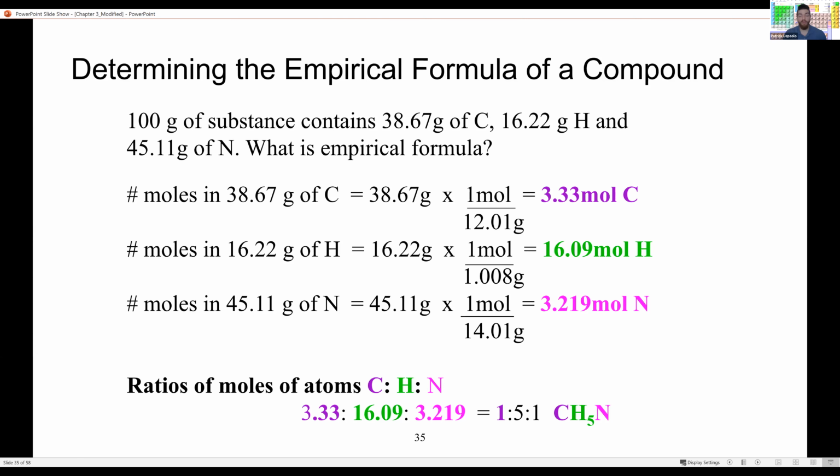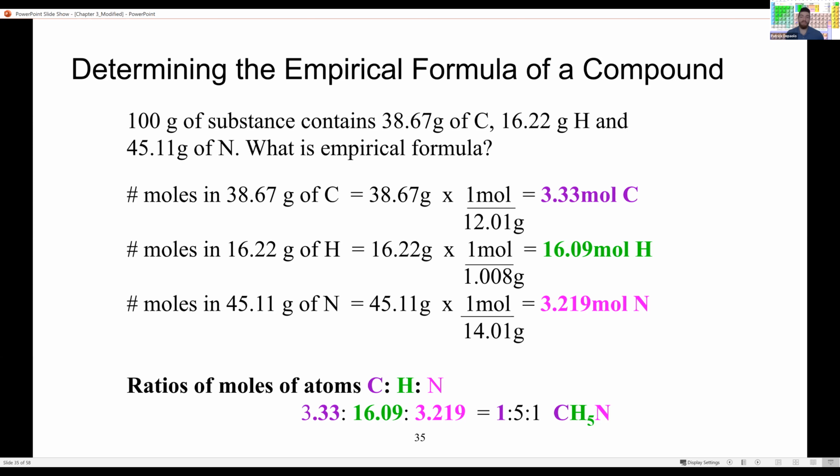You might not get 4.99, 1.001, whatever. You might get 1.5. You might have 1, 2, and 1.5. If that's the case, multiply everything by 2. If you multiply everything by 2, let's say you have 1, 2, and 1.5, you will get 2, 4, and 3. That will be your empirical formula now.